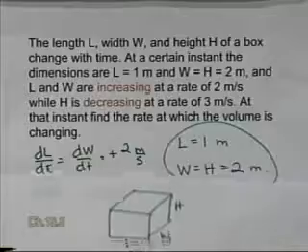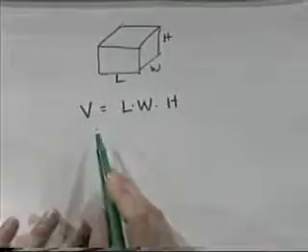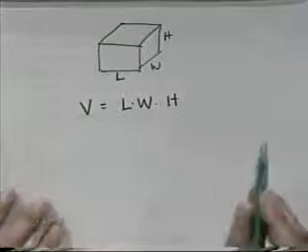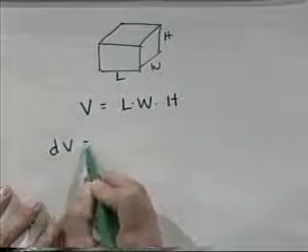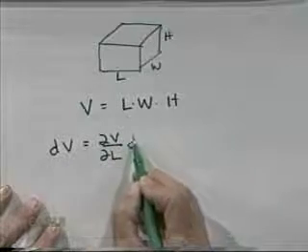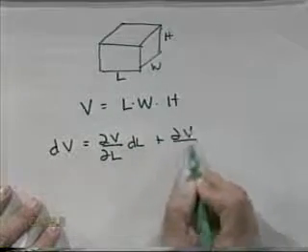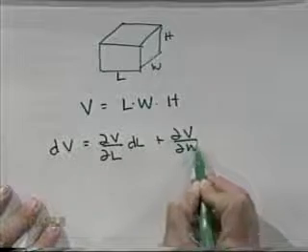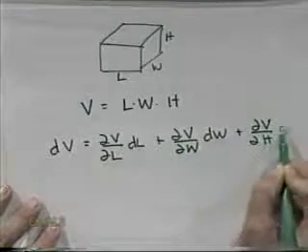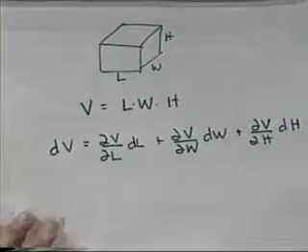I'm first going to worry about just getting dV, because notice my volume right now is written as a function of 3 variables. So dV is equal to the partial of V with respect to L dL, plus the partial of V with respect to W dW, plus the partial of V with respect to H dH.